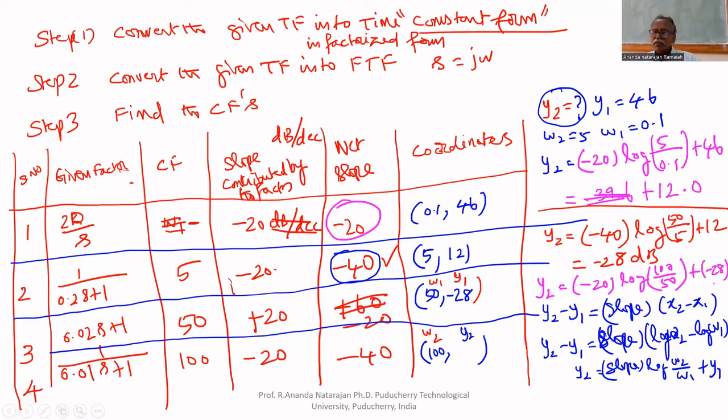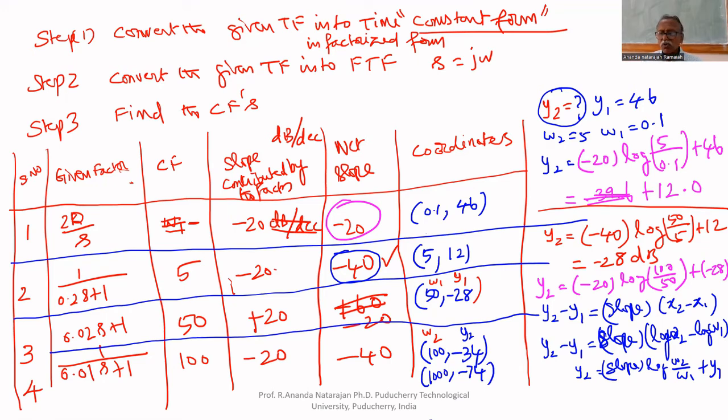What is the value? Minus 34. One more coordinate we have to find, because we found up to 100 only. After that, what is the slope? 40 dB per decade. Therefore, after 100, the next decade is 1000, comma, add 40, minus 74. That's all. Minus 74, because after that it decreases at the rate of minus 40 dB per decade.